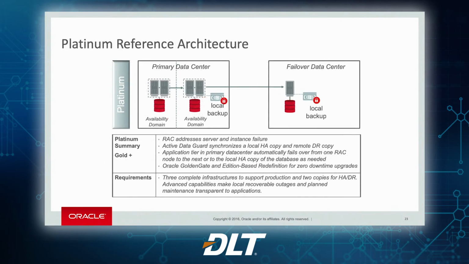And then on the extreme side, the platinum reference architecture, which is all about things might fail underneath, including an entire database or database node or compute node, but what happens to the end user? They don't know anything happened. So there's a lot that goes into that. It starts with a clustered database so that you can have node failures, where you can do rolling patches, as I was talking about.